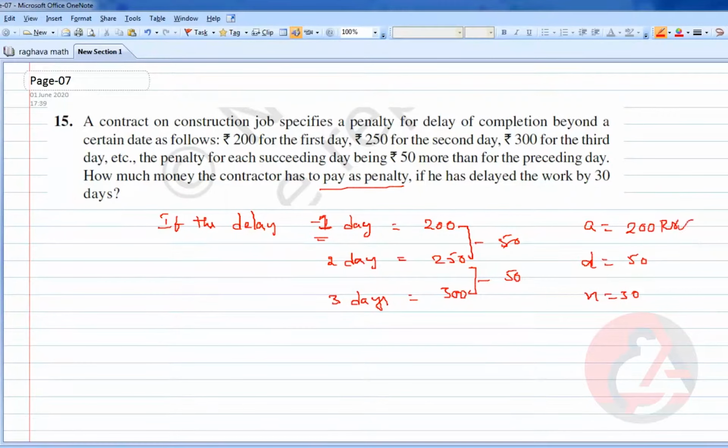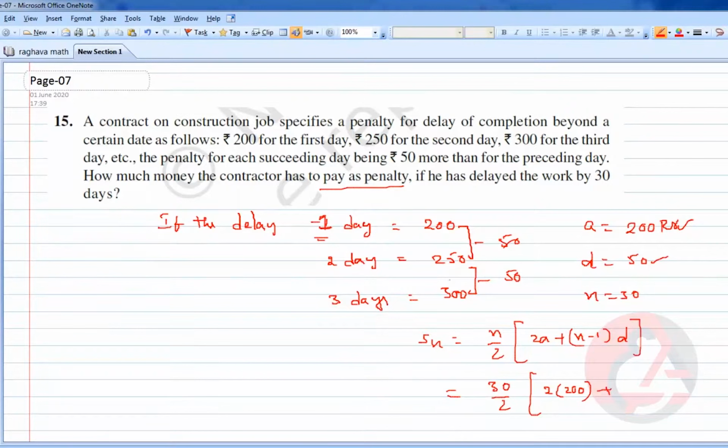For the first day you have to pay 200 rupees, for the second day 250 rupees. He is not asking how much you pay on the 30th day. That is an, which you found using a1. I want the Sn value. Sn is equal to n by 2 into 2a plus n minus 1 into d. It will be 30 by 2 into 2 into 200 plus 29 into 50.